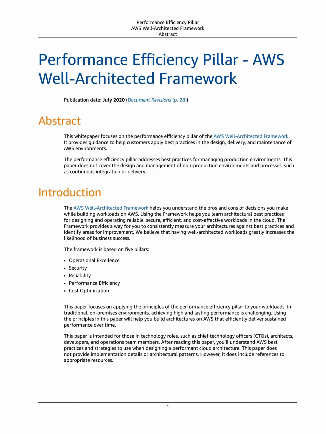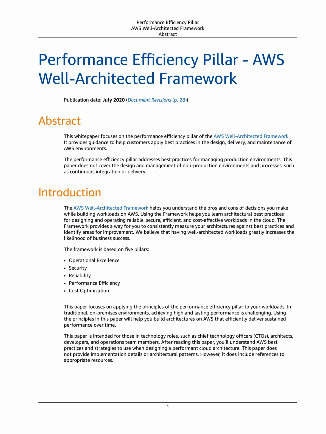The framework provides a way for you to consistently measure your architectures against best practices and identify areas for improvement. We believe that having well-architected workloads greatly increases the likelihood of business success. The framework is based on 5 pillars: operational excellence, security, reliability, performance efficiency, cost optimization.